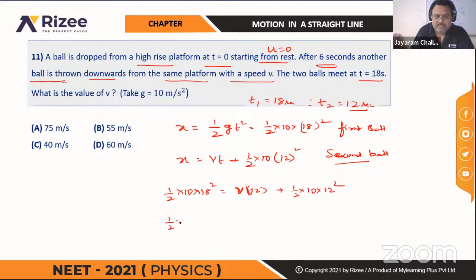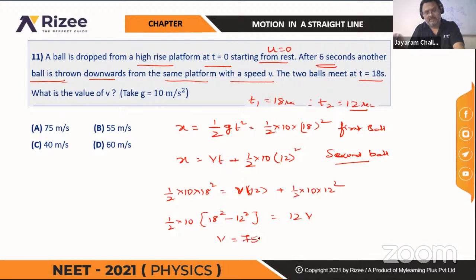Take them to one side, that is half into 10 into 18 square minus 12 square, that is 324 minus 144, equals 12 V. So we need to just solve this. V should be somewhere around 75 meter per second. So this is the condition.